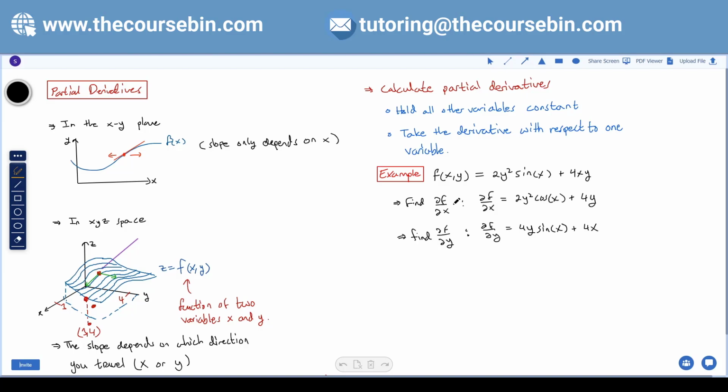Oh, yeah, because we're supposed to do it in terms of y. Right, exactly. So you take everything else to be a constant and you differentiate with respect to that single variable.